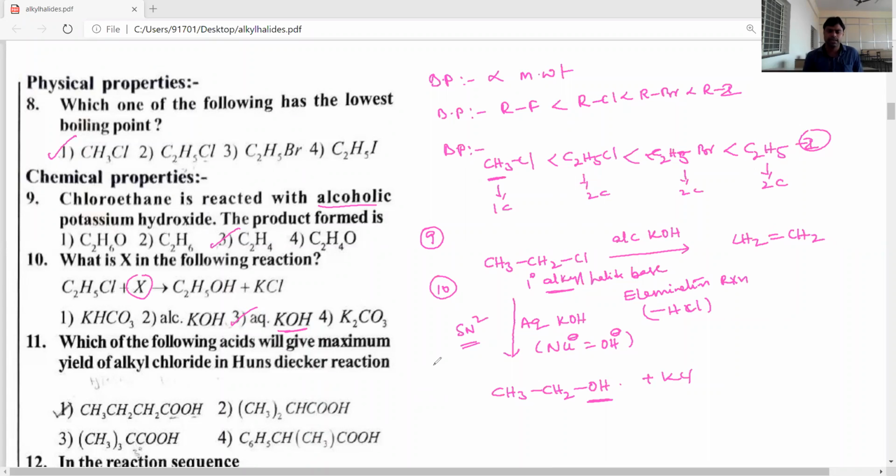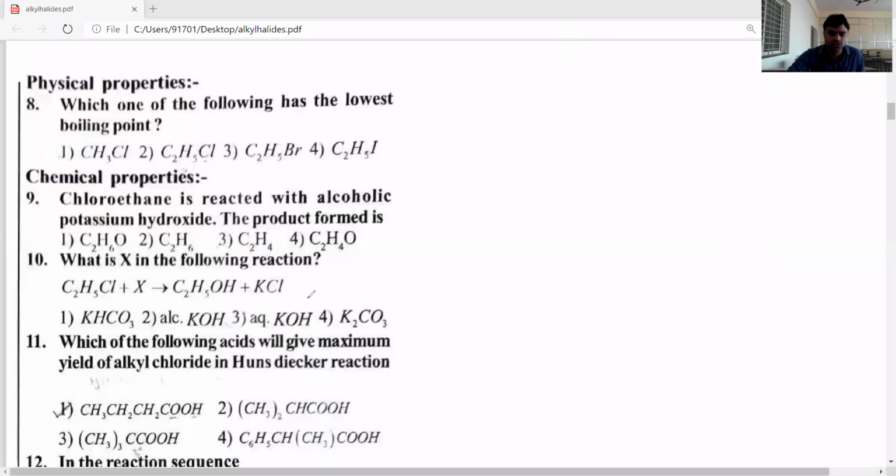Okay, students, let's go for the 11th question. The 11th question is related to the Hunsdiecker reaction. This Hunsdiecker reaction is useful for preparation of alkyl chlorides and alkyl bromides from silver salts of carboxylic acids.